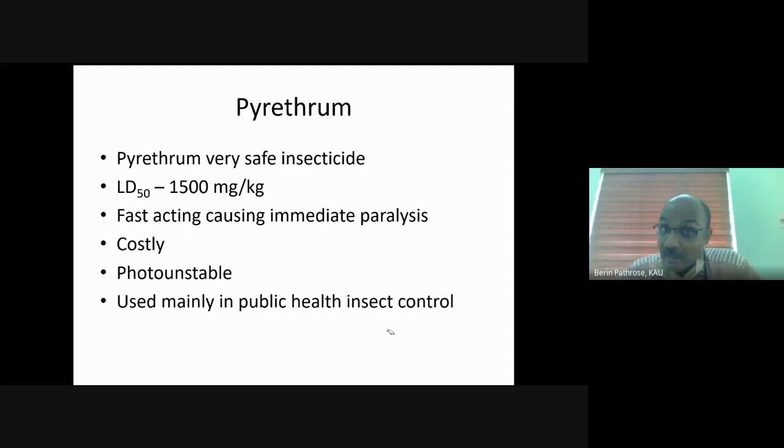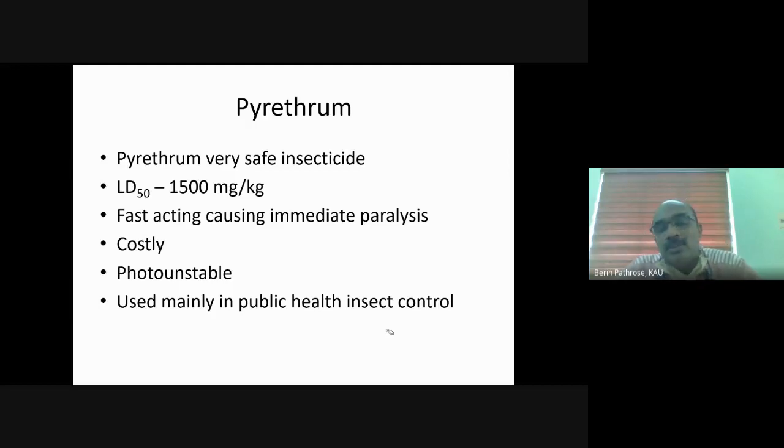The benefit of a pyrethroid is that it is extremely fast acting. It causes immediate paralysis, which is what the term quick knockdown action refers to. But one basic disadvantage with pyrethrum is that it is photounstable, so it can't be used in agriculture. It can be used only in households. Another thing is that it is extracted from a flower and it can't be cultivated in all parts.